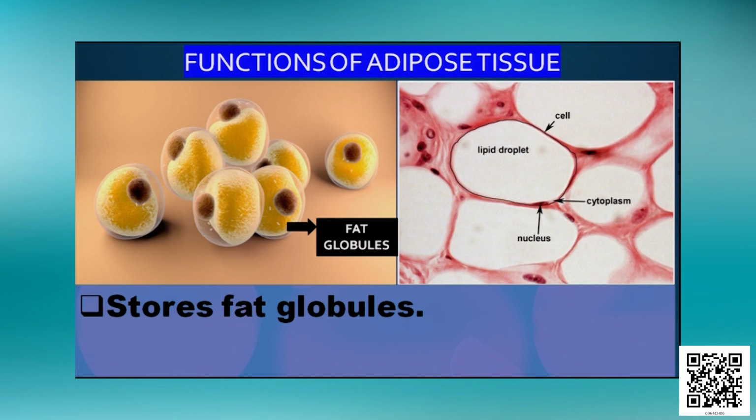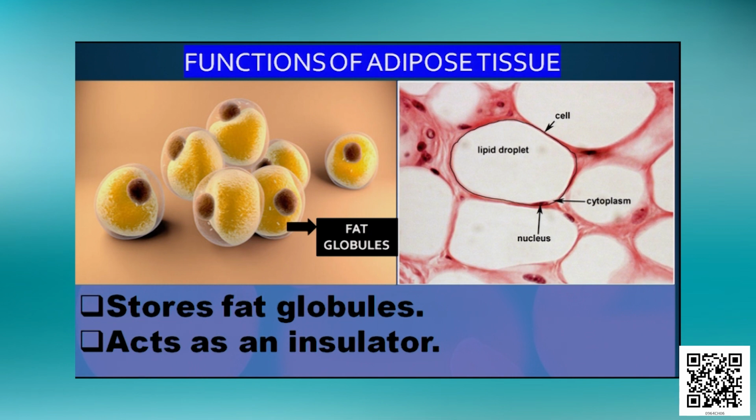But here the fat globules push the nucleus towards the periphery. Okay. And the fat or the adipose tissue acts as an insulator. What do you mean by insulator? Yes, insulator means they do not allow the heat loss from the body. So, the adipose tissue acts as an insulator.